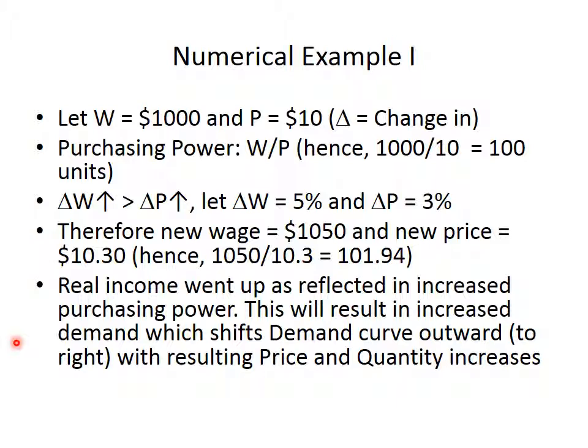Let's say we start out with a wage or income or budget, however you want to phrase it, of $1,000. And the price of a product, or the price of all products on average, is $10. Now I've mentioned this before, this delta being change in. So purchasing power is based on this wage price ratio. We have $1,000, it's $10 a piece. Therefore, we can purchase 100 units.